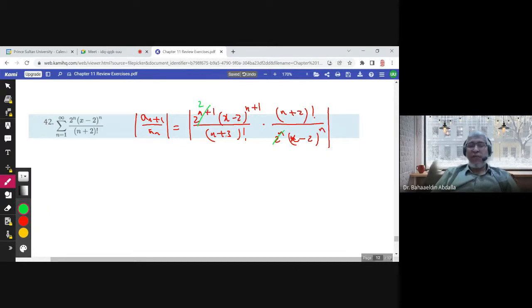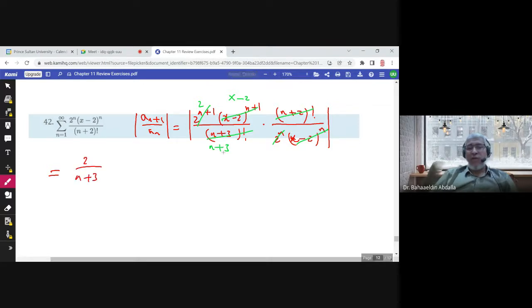N plus 3 factorial is n plus 3 times n plus 2 factorial. So they cancel with each other, and here I have x minus 2. Now the limit would be, when n goes to infinity of, yeah, let me write it. I will have the following: 2 over n plus 3 absolute value of x minus 2. Okay, because we don't know whether x is positive or negative.